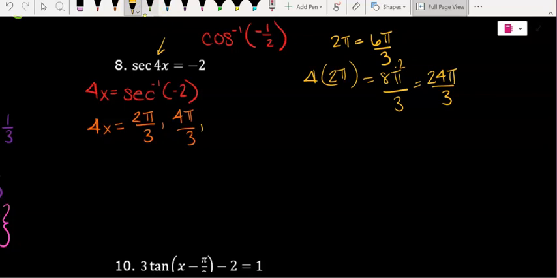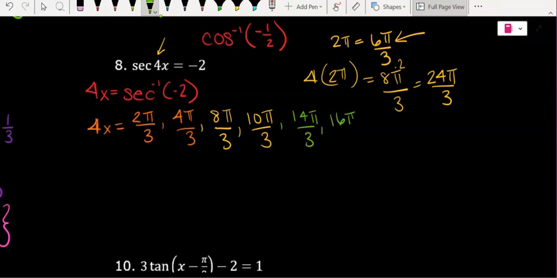So if I take 2 pi over 3 and 4 pi over 3 and I add 6 pi over 3, that's going to get me 8 pi over 3 and 10 pi over 3. Okay, going to do the same thing. I'm going to add 6 pi over 3 again, and that's going to get me 14 pi over 3 and 16 pi over 3.